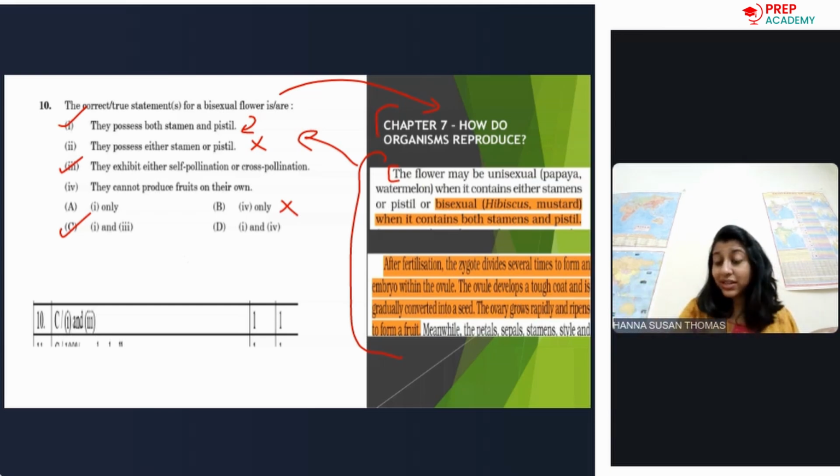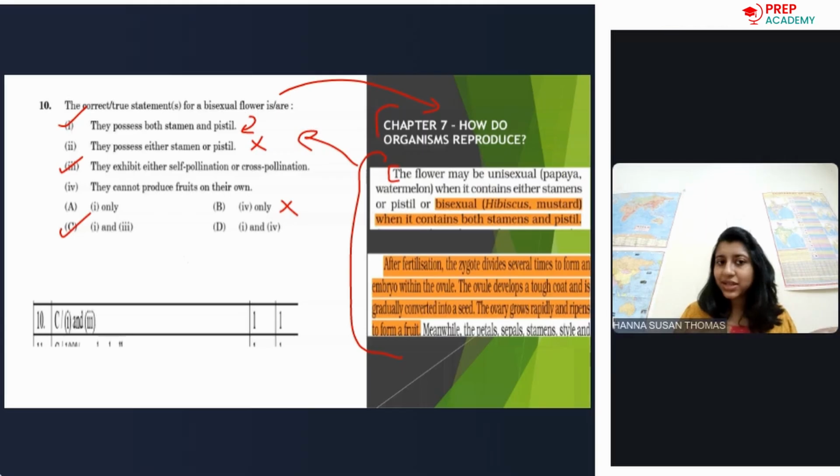In your exam, if you get the answer, just go through the next questions. Do not waste your time. But for now, let's go through the fourth statement. They cannot produce fruits on their own. That's an incorrect statement, right?